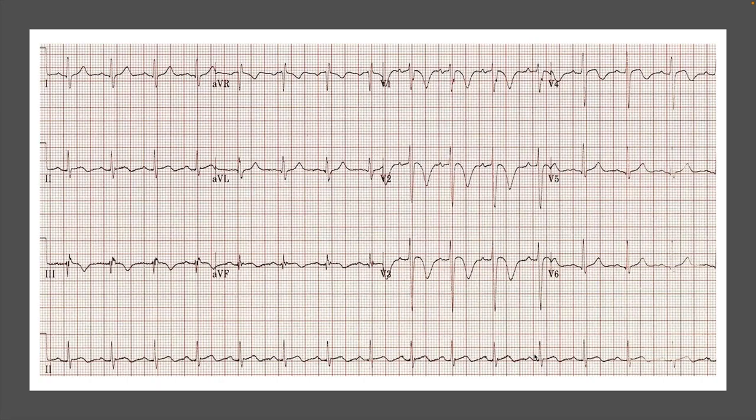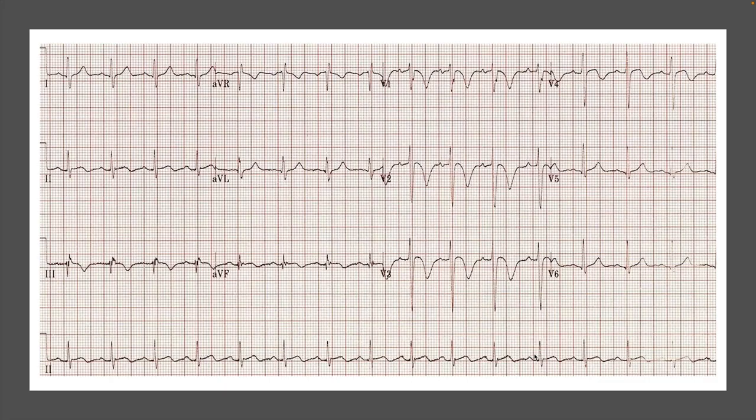The other thing that you'll see is delayed R wave progression on this EKG. Your QRS should be as positive as it is negative, somewhere around V3 or V4. But on this EKG, you can tell that it doesn't completely switch to being more positive until V5. So somewhere in between V4 and V5 is where it's as positive as it is negative.